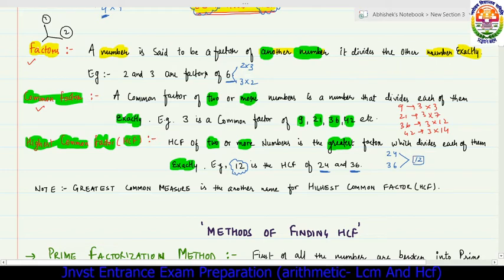The 3 table also divides 24 and 36, the 4 table also divides 24 and 36, the 6 table also divides 24 and 36, the 8 table also, and the 12 table, but we take the highest number because we find HCF. The highest number is our priority. So I take 12 as my answer.